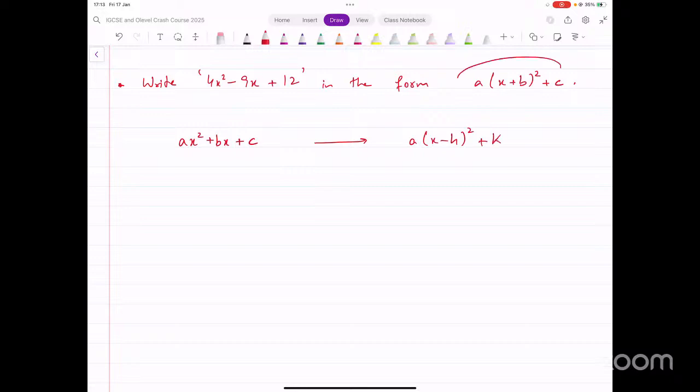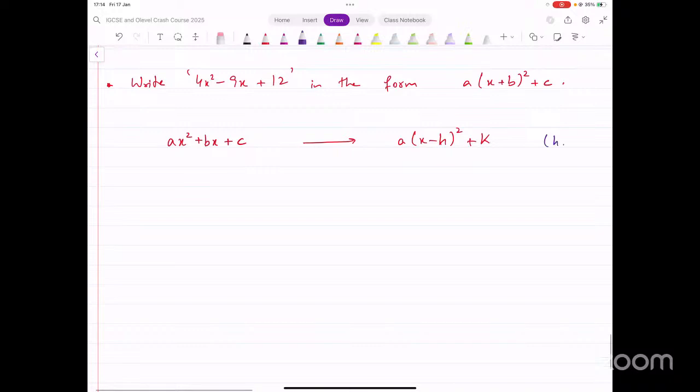Now, no matter what they give in the question, if the plus minus signs are different, it doesn't matter. If the letters are different, we're using h and k, they're using b and c, again, it doesn't matter. Don't worry about that. All you have to do is remember that this is one standard form and this is the completed square form. We have to remember it like this: a into x minus h whole square plus k. In this particular form, h and k represent the turning point.